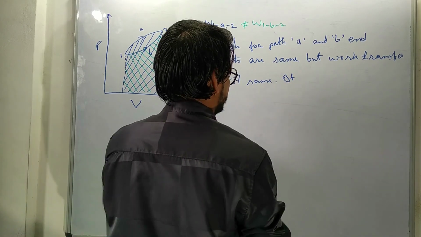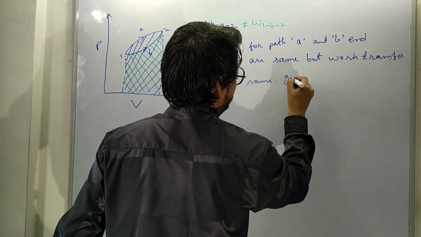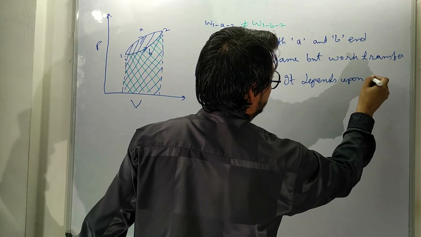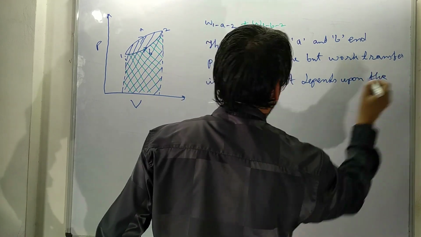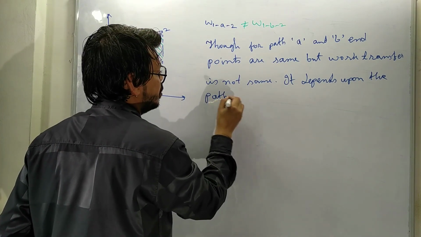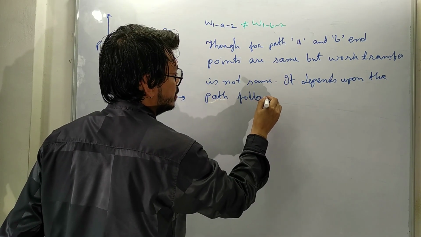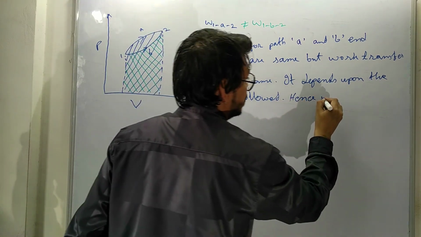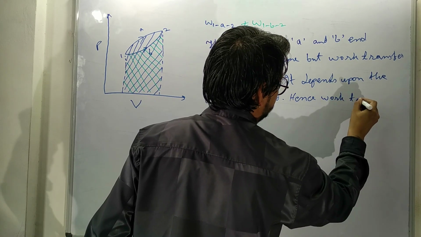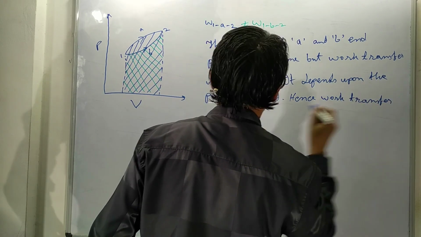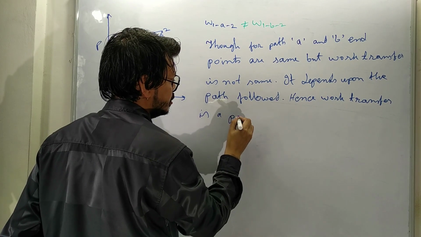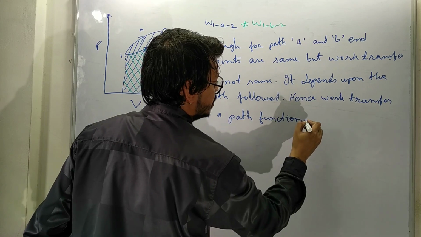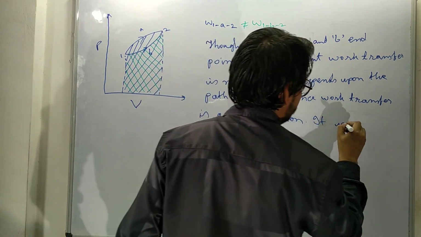It depends upon the path followed. Hence, work transfer is a path function. It is not a property.